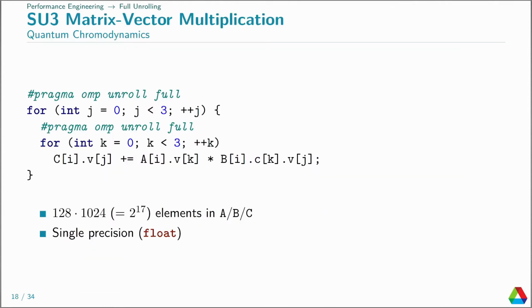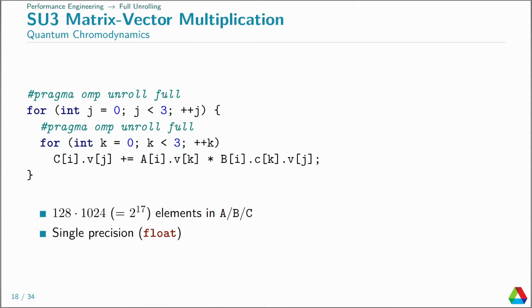For experimenting with full unrolling, we are using the SU3 Matrix-Vector Multiplication, which is used in lattice QCD applications. We have two loops here, both with a trip count of 3, which we can both fully unroll.